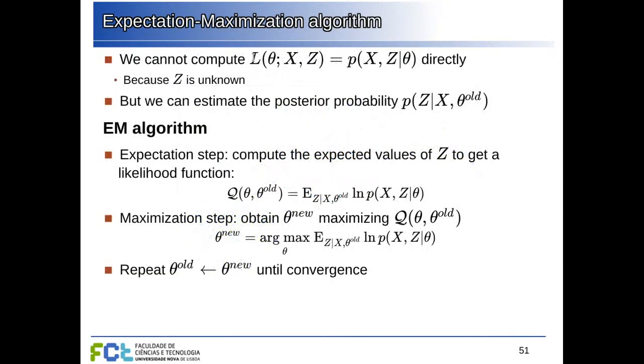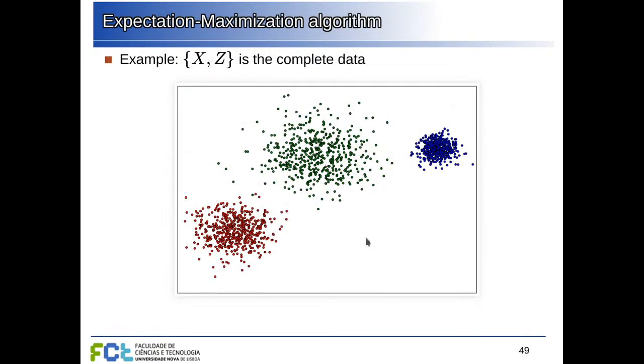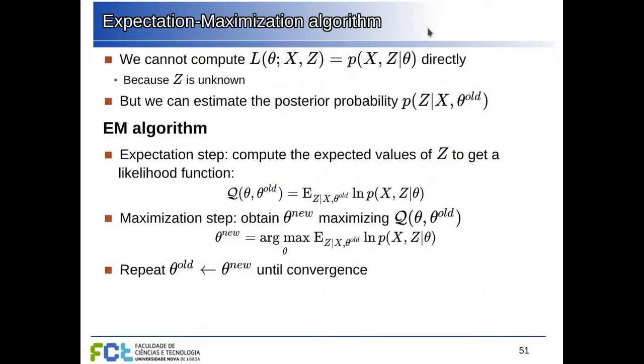So we cannot really compute the likelihood of our parameters for the whole data because we don't know Z, so we cannot compute the joint probability of X and Z. If you go back here, this would be the probability of a point being in this position and belonging to the red cluster, or a point being in this position and belonging to the green cluster, and so on. We cannot compute those probabilities directly like we did in classification, because in classification we had these values.